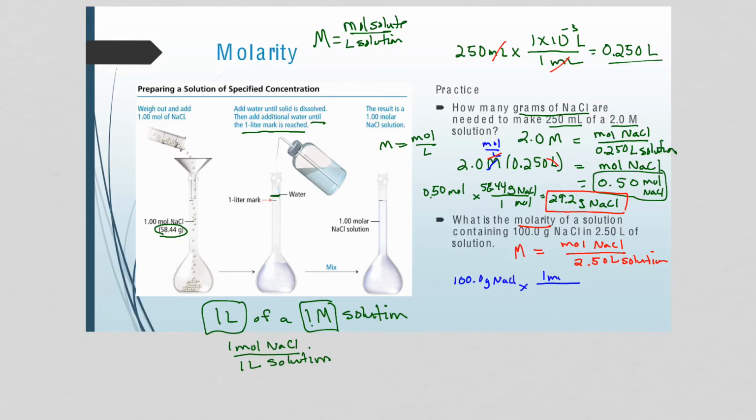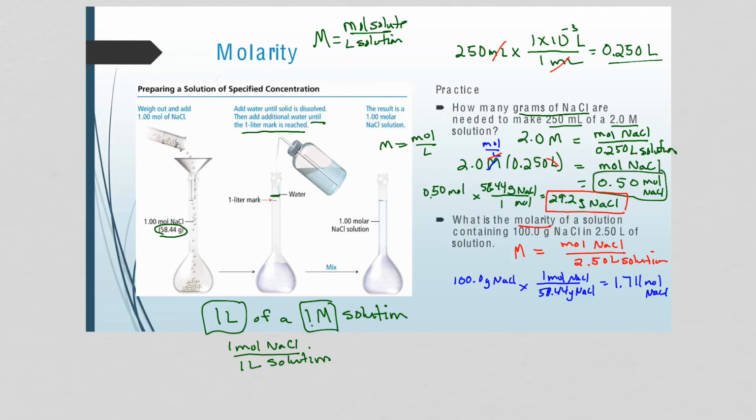So 1 mole of sodium chloride is equivalent to 58.44 grams of sodium chloride. So that gives me 1.711 moles of sodium chloride. Now I use 4 significant figures here because of what I have, my 100.0 grams, right?